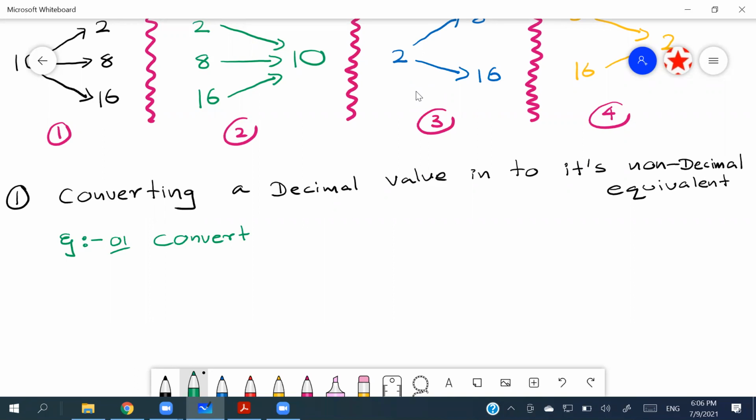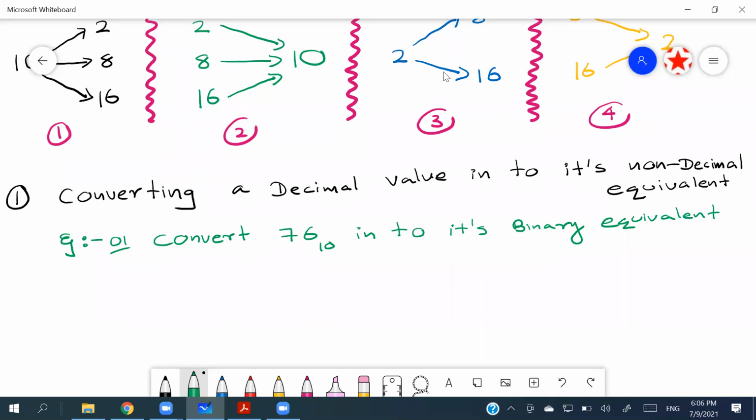Convert 76, a decimal value, into its binary equivalent, right?